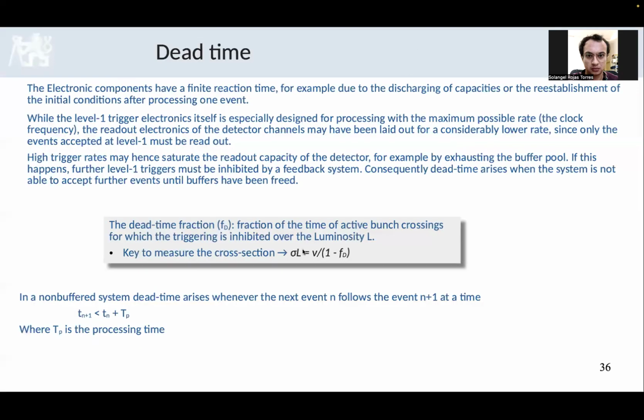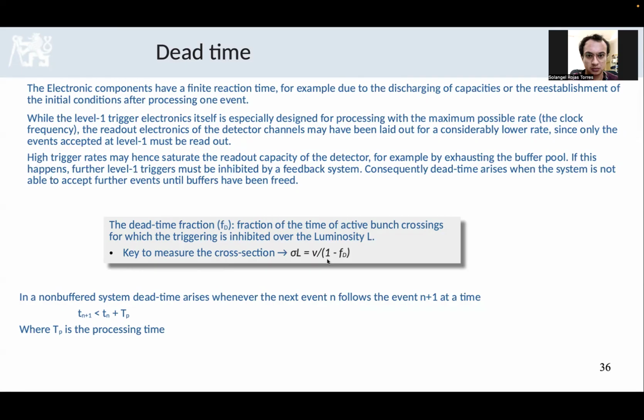Because the dead time fraction is the time when you cannot read anything over the whole period of time that you're taking. But this is not time, it's a fraction which is unitless. Yes, so you need to have time over time. So you have seconds over seconds, and they cross out.